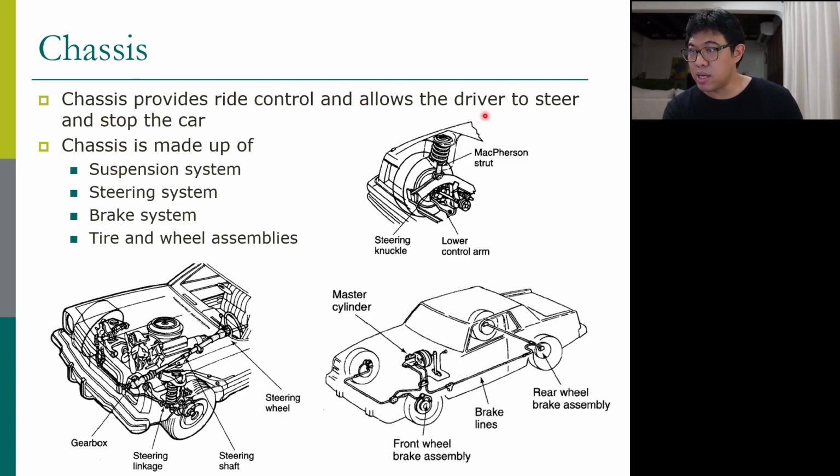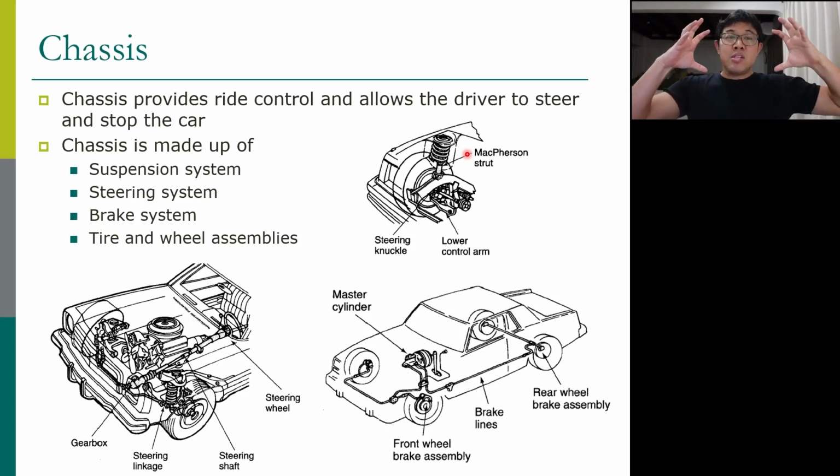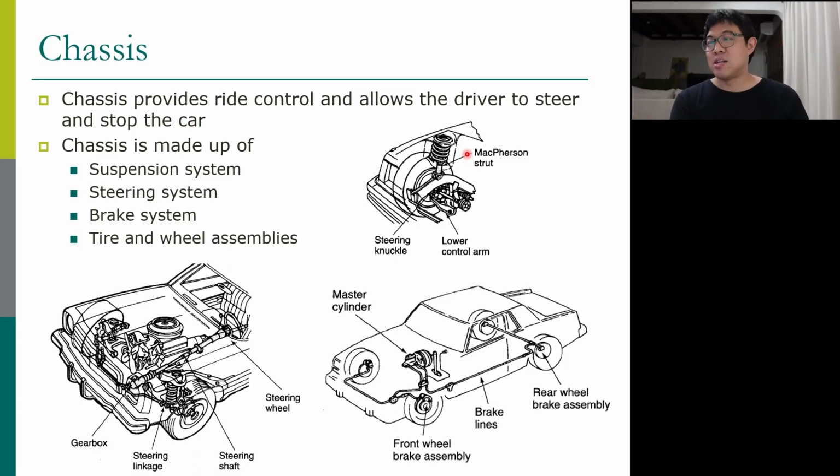Basically, the suspension system is a spring that absorbs the vibration from the ground, or from the wheels, and absorbs that shock into the springs, and also the shock absorber. That way the passengers do not shake like the roads, like the wheels. The wheel can shake, but the passenger cannot shake.